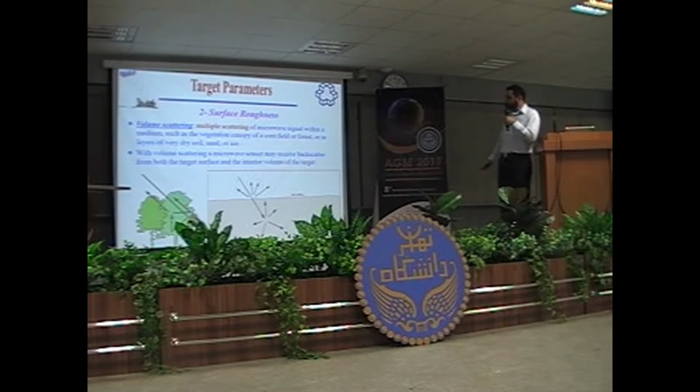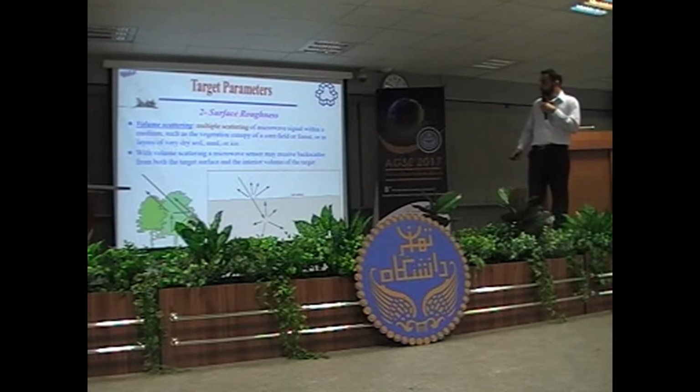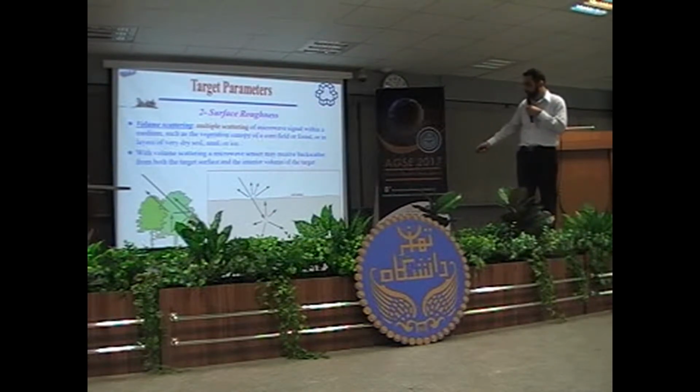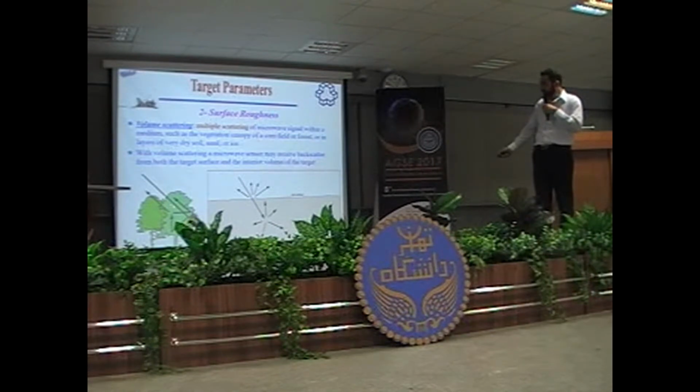Another term that we use here is volume scattering. Volume scattering is a multiple scattering of the signal in the target. In the case of radar, the signals can penetrate through, for example, a canopy. When the signal penetrates through the canopy, we will have multiple bounces, multiple scattering of the signal, and then we will have a contribution coming back to the antenna.